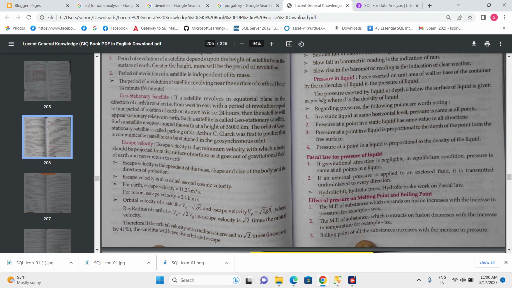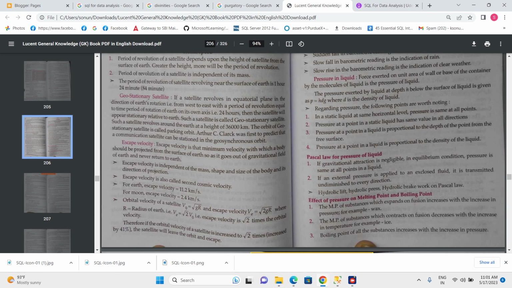For the moon, escape velocity is equal to 2.4 kilometers per second. The orbital velocity of a satellite is root gR, and the escape velocity is root under 2gR, where R is the radius of the earth. So the relation between escape velocity and orbital velocity is: escape velocity is equal to root 2 times orbital velocity.